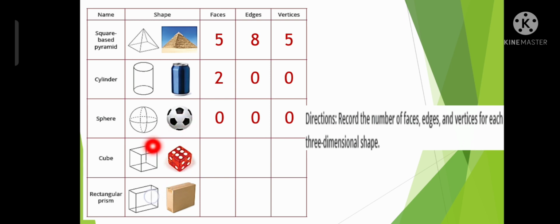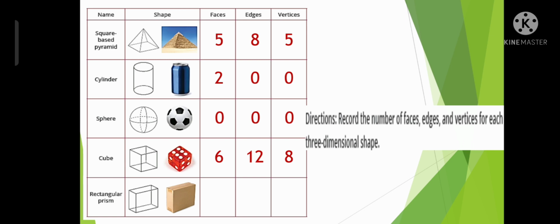Cube. How many faces in cube? 1, 2, 3, 4, 5, and 6. How many edges? 1, 2, 3, 4, 5, 6, 7, 8, 9, 10, 11, and 12. It will be 12. How many vertices? 1, 2, 3, 4, 5, 6, 7, 8. 8 vertices. Rectangular prism, the last one.